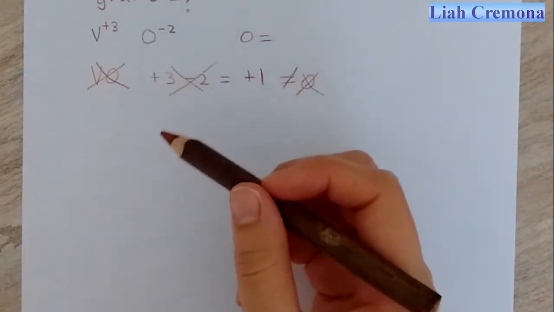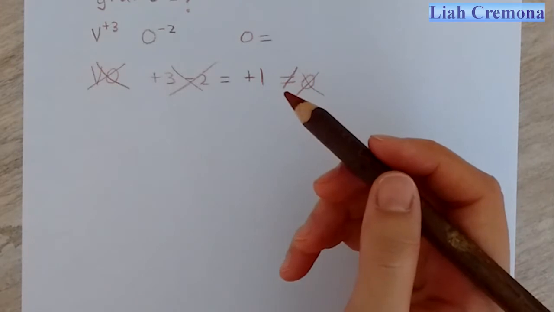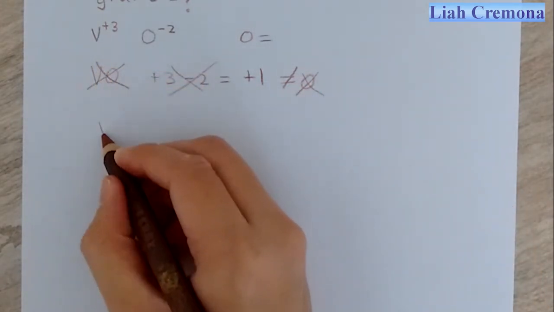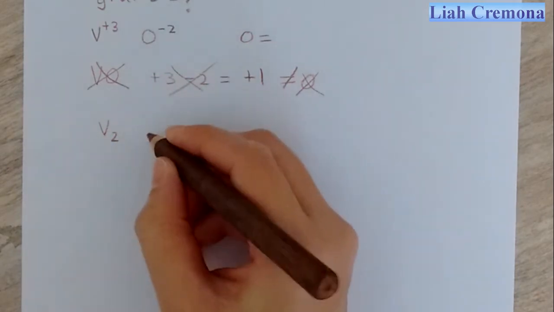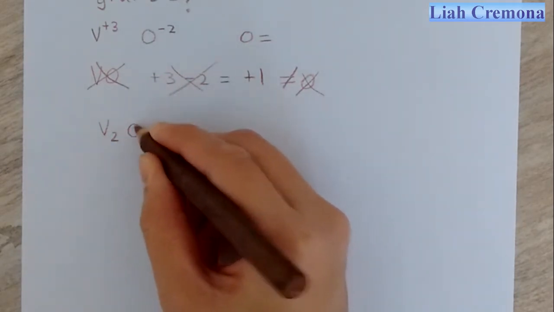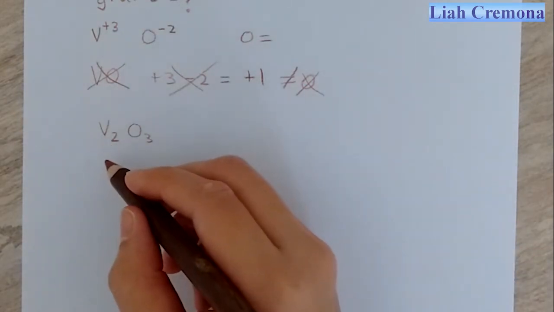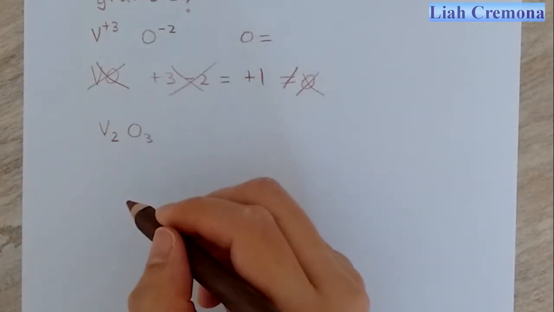So finding the common factor between them, we can see that here, if we have 2 vanadiums and 3 oxygens, you will have a neutral compound.